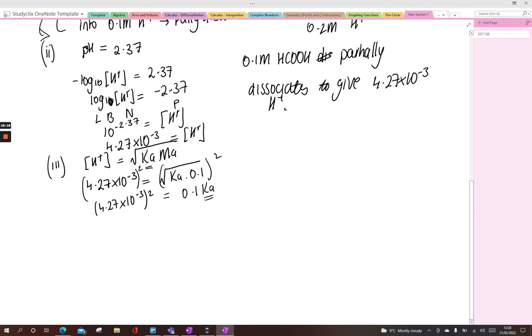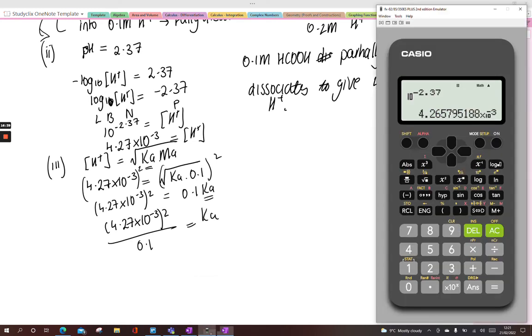Now to work out Ka, I'm just going to divide. If I had 2x equal to 8, I would work out x, it's 8 over 2. It's the same thing here, except my x is replaced by Ka, and my 0.1 is my 2. So I divide by the number stuck onto it: 4.27 by 10 to the minus 3 squared over 0.1 is equal to Ka.